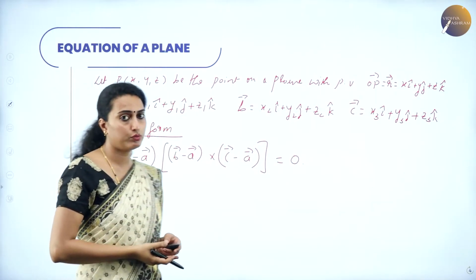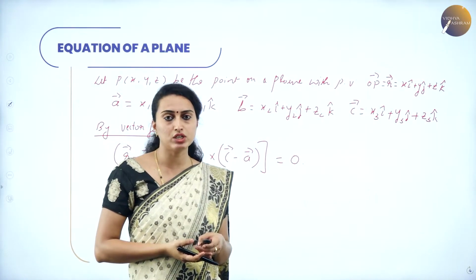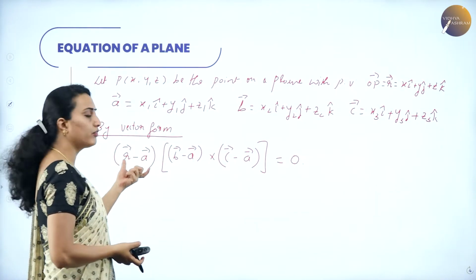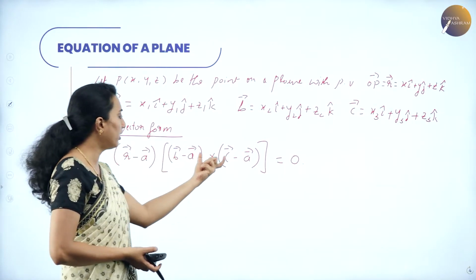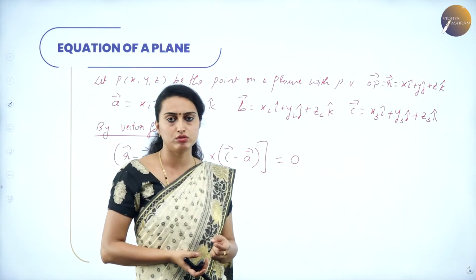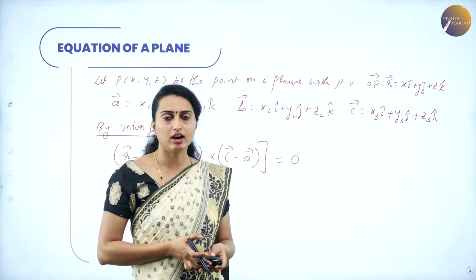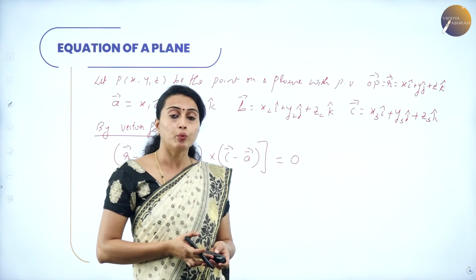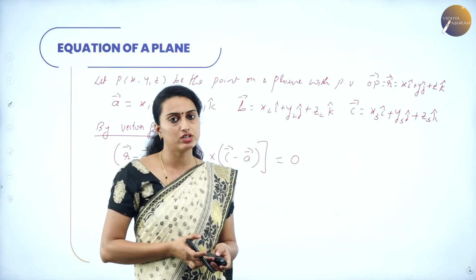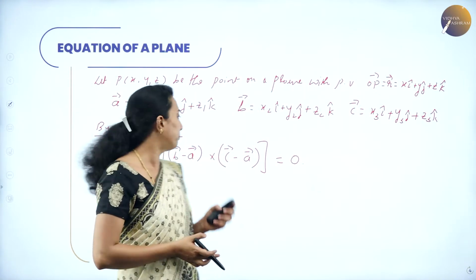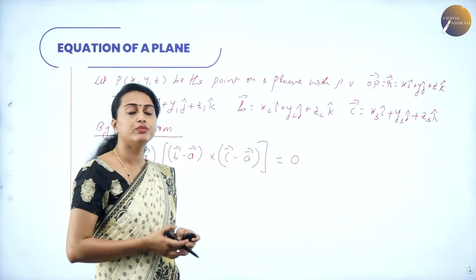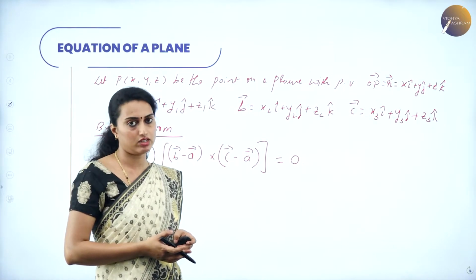Now, the triple product will be equal to the determinant of the first row, second row and third row equal to 0. That is a scalar triple product. So we need to find out R vector minus A vector, B vector minus A vector and C vector minus A vector.